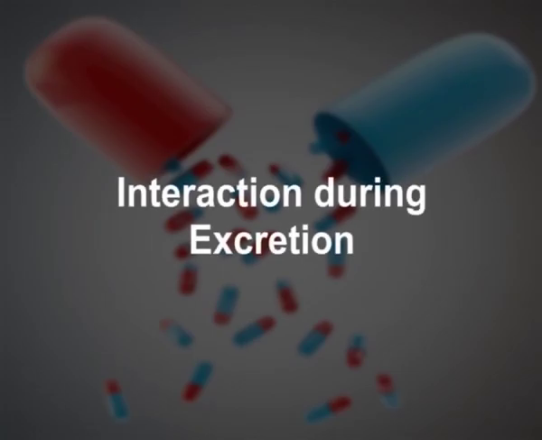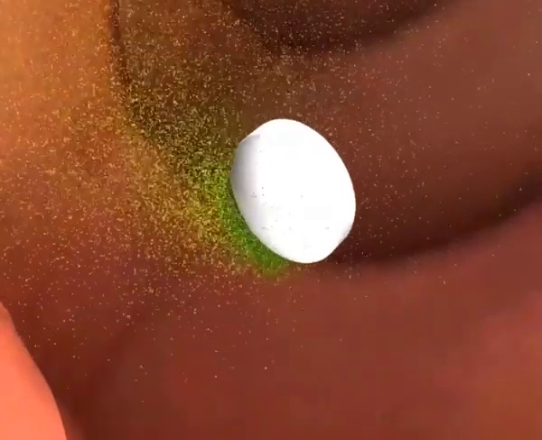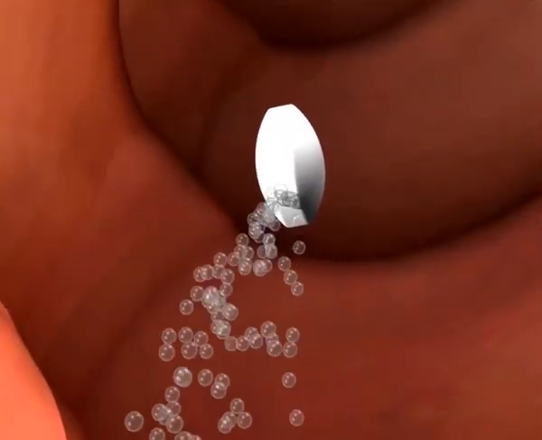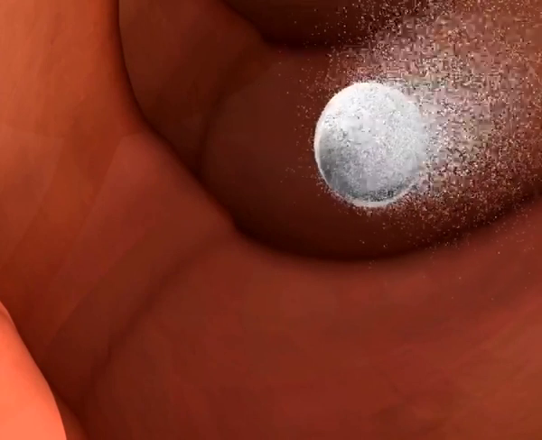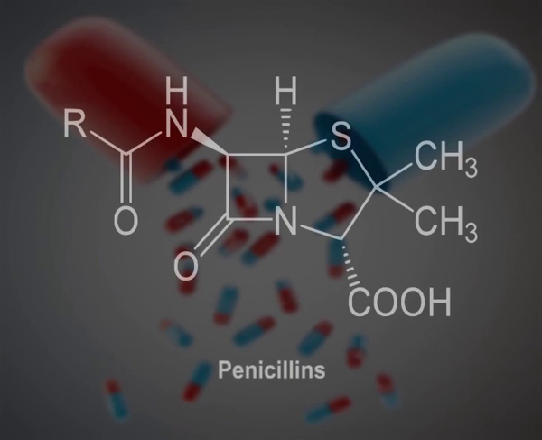Fourth, interactions during excretion. The majority of renally eliminated drugs are excreted via passive glomerular filtration. Some drugs are eliminated via active tubular secretion such as penicillins, cephalosporins, and most of the diuretics.